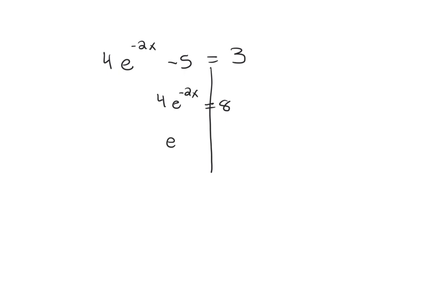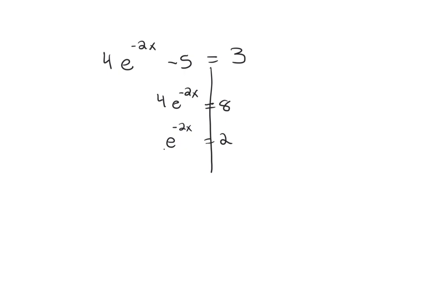Okay, now let's solve some exponential equations and logarithmic equations with e and natural log. The steps are the same. For 4e to the power of negative 2x minus 5 equals 3, before we take the log of both sides, you have to isolate the exponential. So 4e to the negative 2x equals 8, because you'd add 5. Divide by 4, so e to the negative 2x equals 2. Now you take the log of both sides.